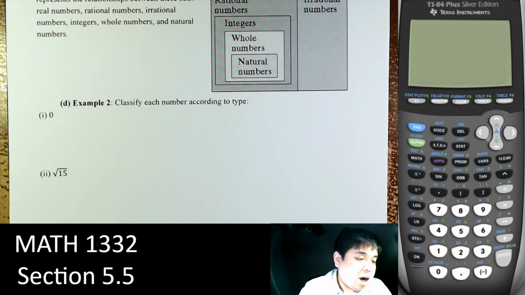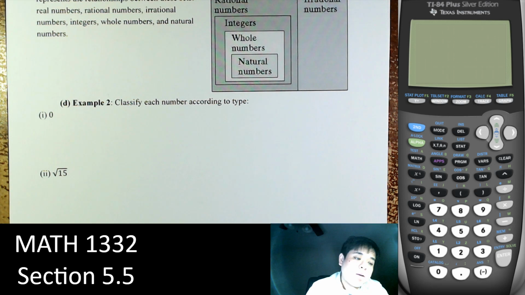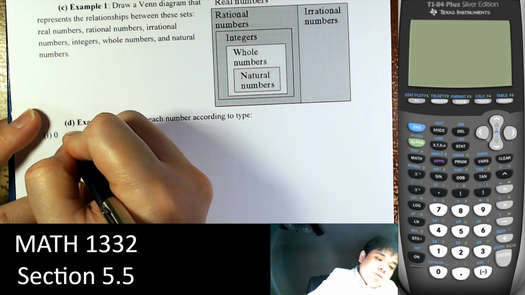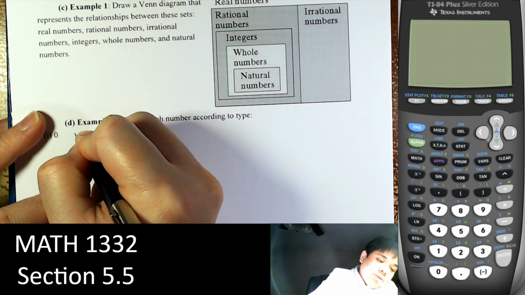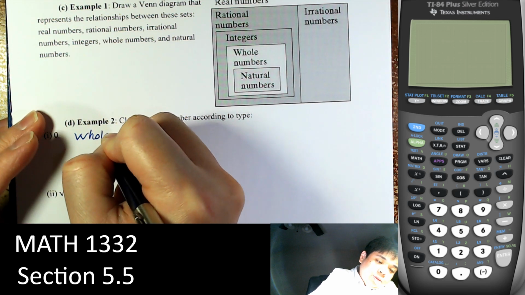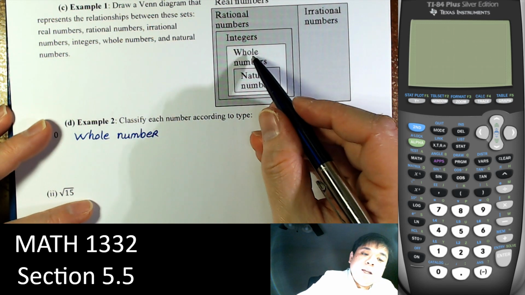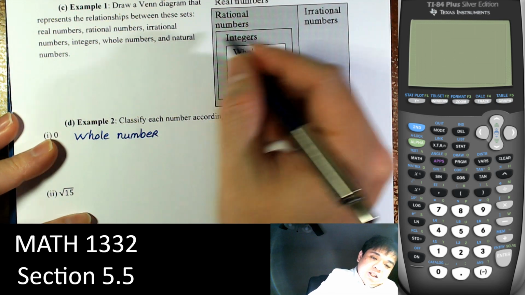Next, classify each of the following according to the type. Of course, 0 is not a natural number. So it is a whole number, and also an integer because the whole numbers are inside the integers.